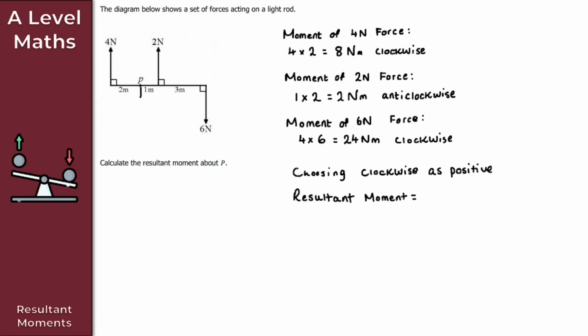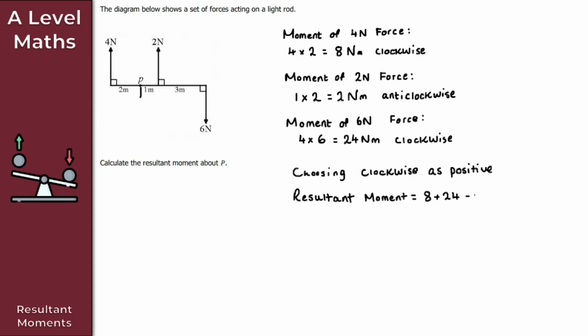As we've just mentioned, that's a plus 24 because we've chosen clockwise as positive, and minus 2 because this is anti-clockwise, so anti-clockwise is negative.